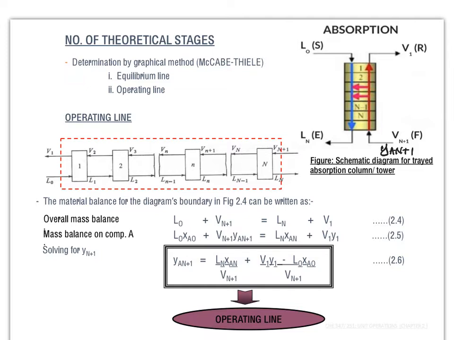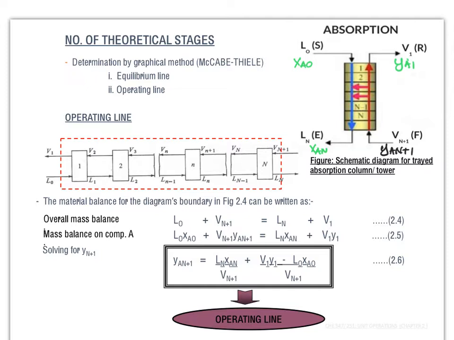Next is x(an). From V1, we need y(a1), and from L0, we need x(a0). So A is the solute for the given mixture of gas.